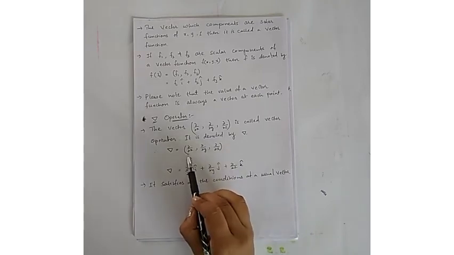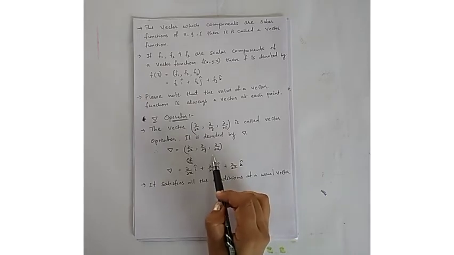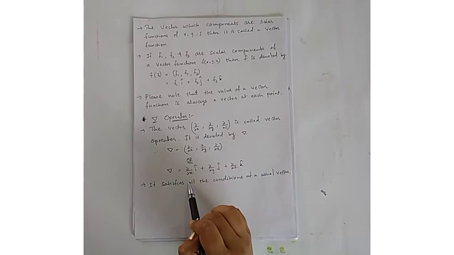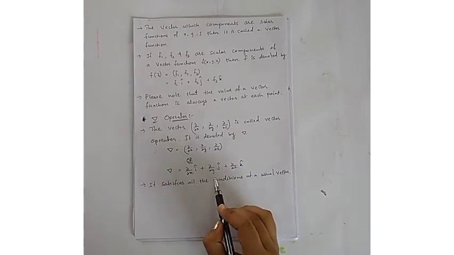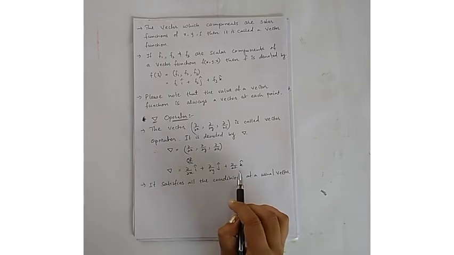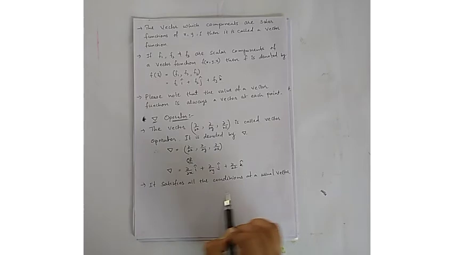The first component is the partial derivative with respect to x, the second component is the partial derivative with respect to y, and the third component is the partial derivative with respect to z. Or you can write it as del by del x i caret plus del by del y j caret plus del by del z k caret. It satisfies all the conditions of a usual vector.